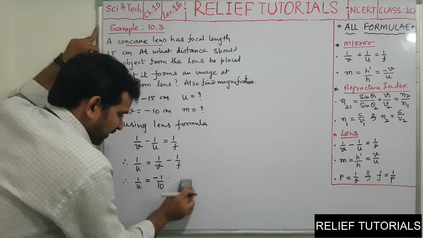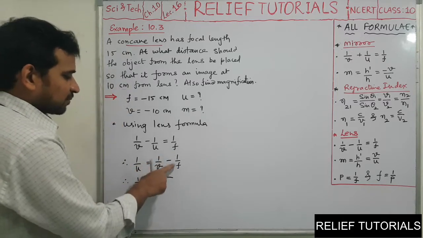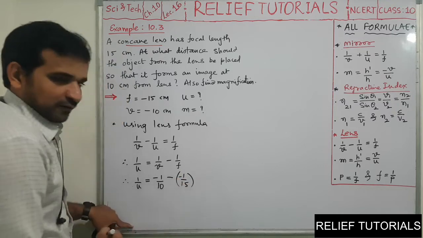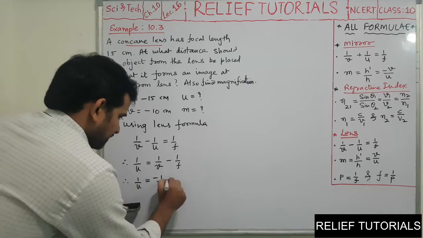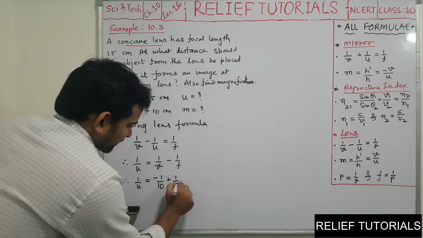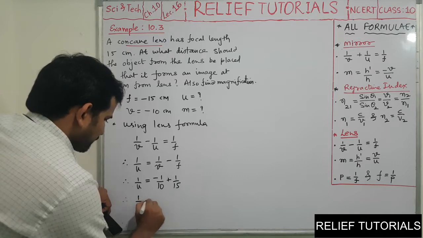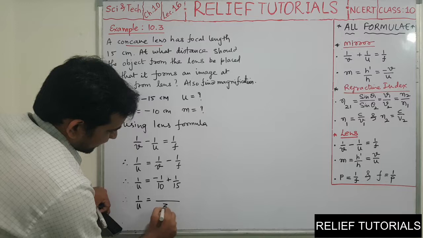Okay, one more time. See, this minus sign is here in the formula. And now 1 by F means minus 1 by 15 like this. So what we can do? Minus minus plus. So it's plus 1 by 15. And therefore 1 by U is equal to, LCM of 10 and 15 will be 30.